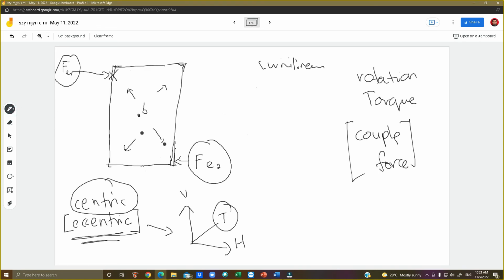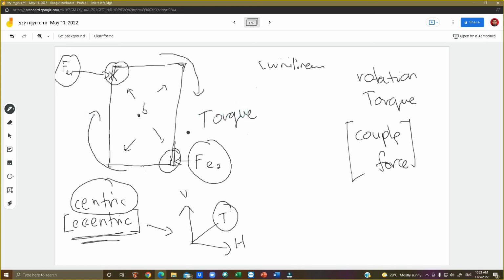What do you think is going to happen? We give one force, FE1, at the top edge of the book, and we give FE2 at the contrasting bottom edge of the book. What is going to happen to the book itself? Rotation, sir. Torque.